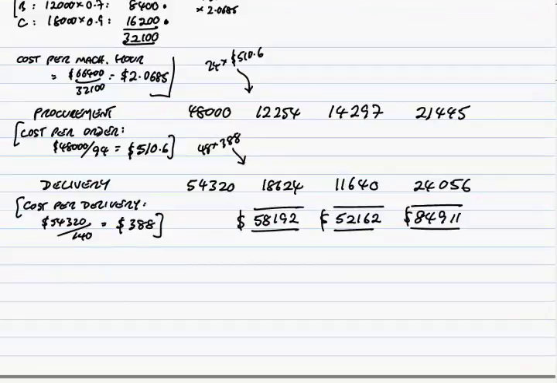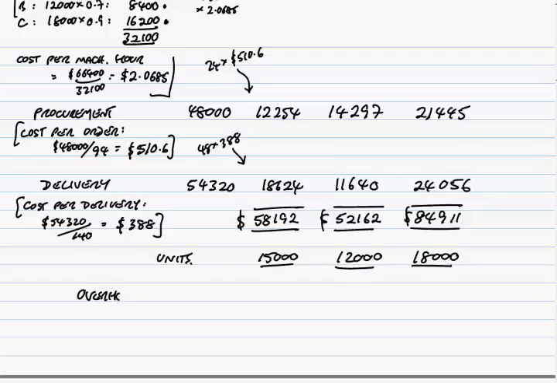One step left. Those are the total overheads for each product. We want the overheads per unit. So how many units are we producing of each? It's 15,000 A's, 12,000 B's, 18,000 C's. And so the overhead cost per unit: divide to A, 58,192 over 15,000 units is 388 to the nearest cent.